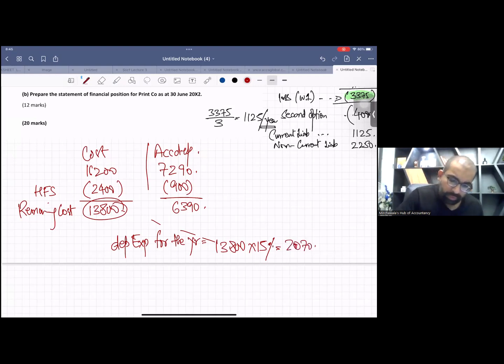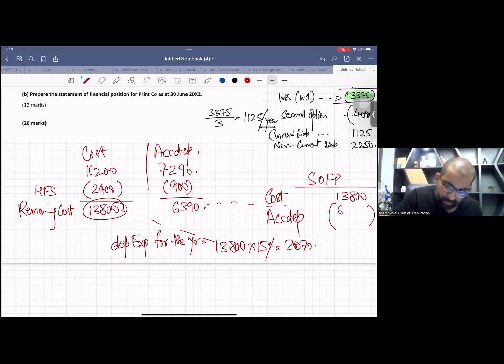Now, what amount will you take to the SOFP for plant? 13,800 is the cost. And the accumulated depreciation is the existing 6,390 plus the new depreciation of 2,070.